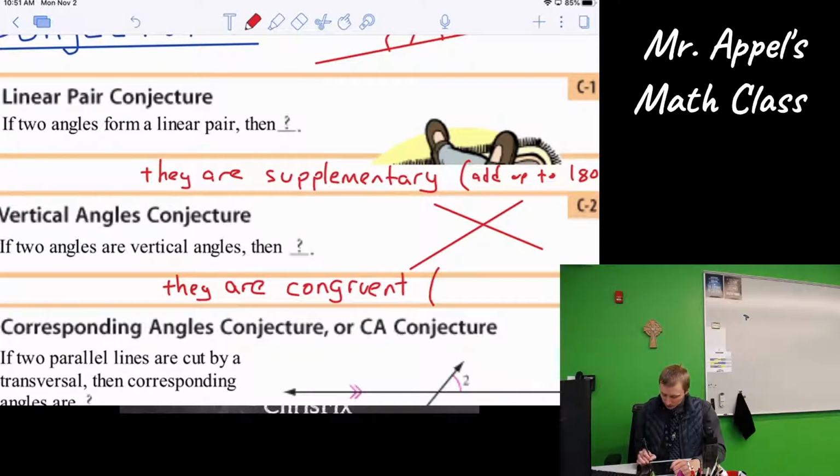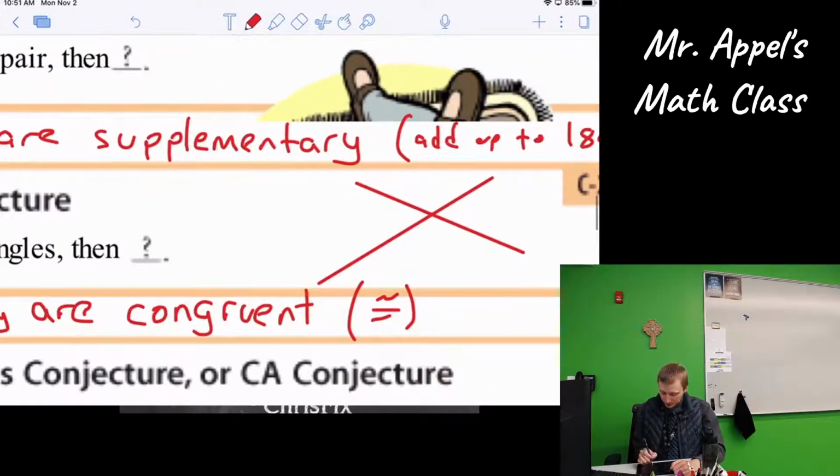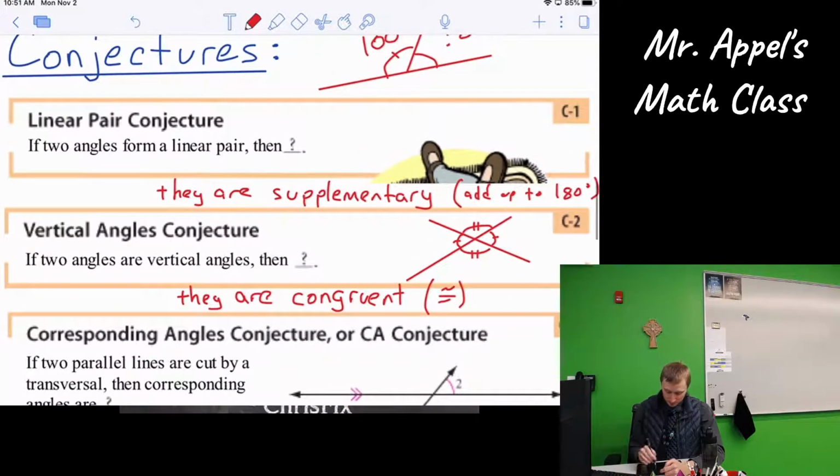They are congruent, or if you don't like all that writing, you can, of course, use the symbol there. This angle will be congruent with that angle, and every intersection forms 4 angles. So this side is congruent to that side. The opposite angles on an intersection will always be congruent. They are vertical angles.